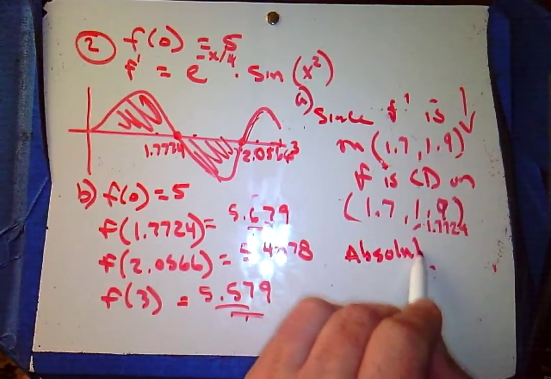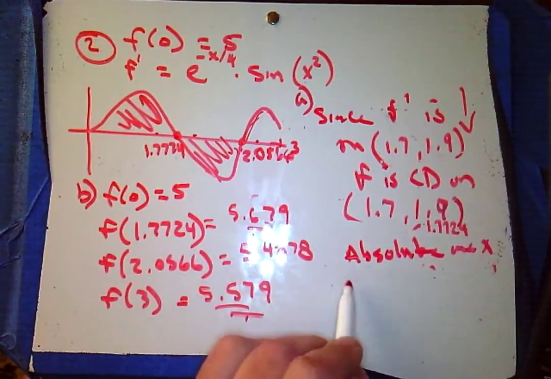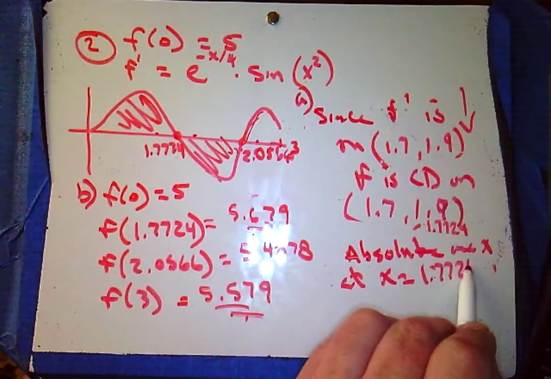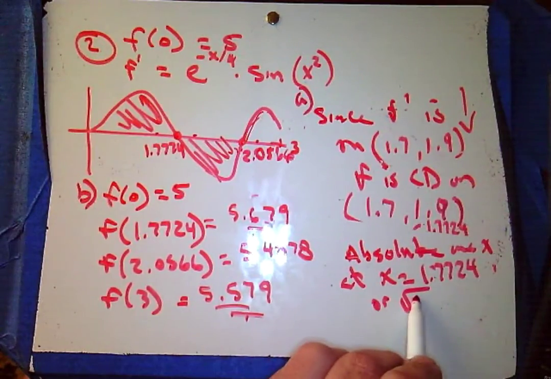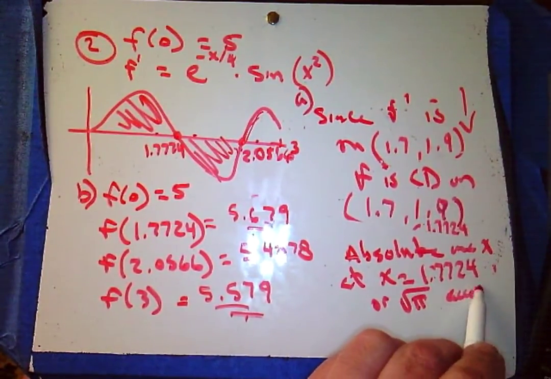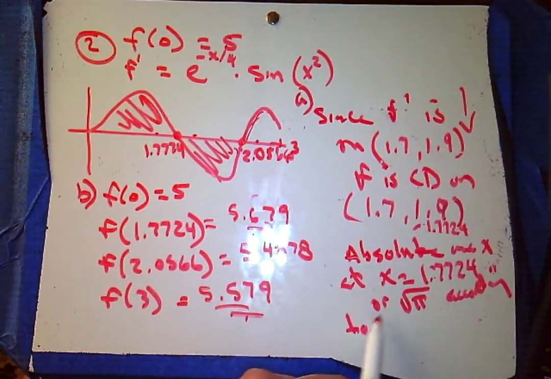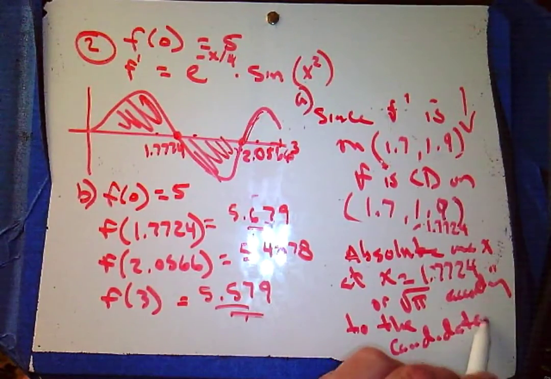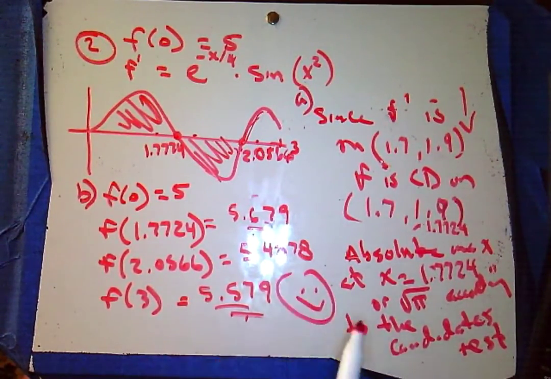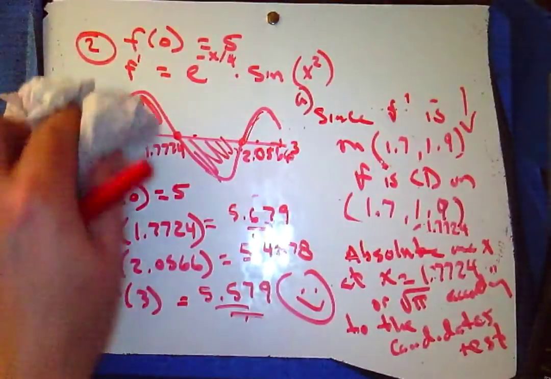Absolute max at x equals 1.7724, or square root of pi, according to the candidates test. All right, there. That was absolute max.